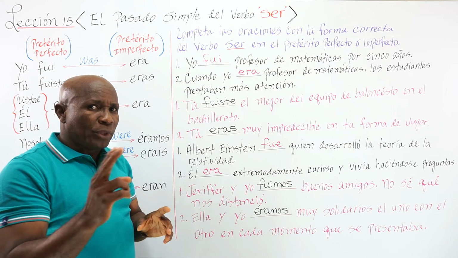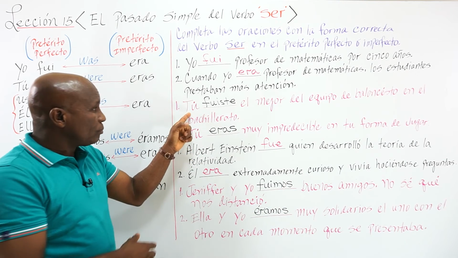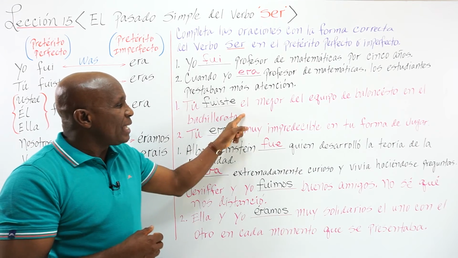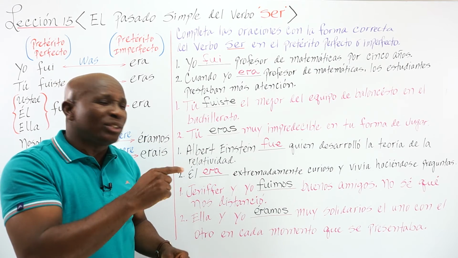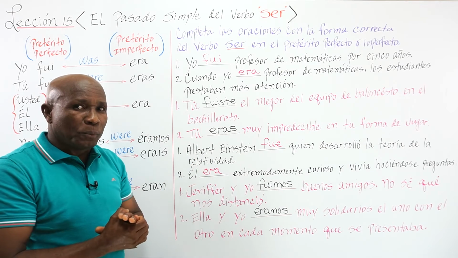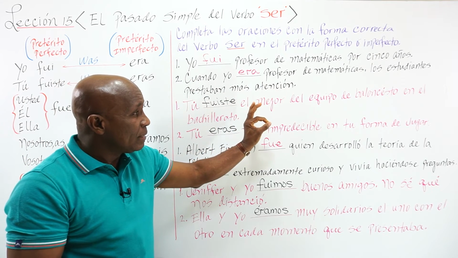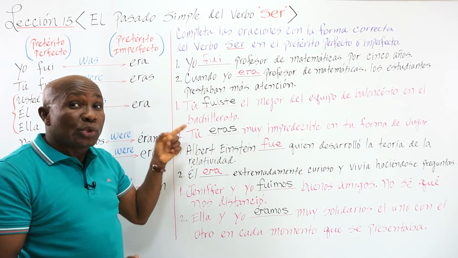Just like the example with Barack Obama, by the way, I think. But I have others right here. Tú fuiste el mejor del equipo de baloncesto en el bachillerato. You were the best of the basketball team in high school.